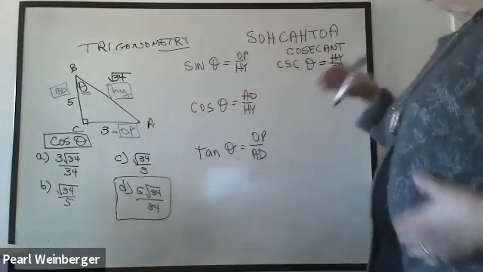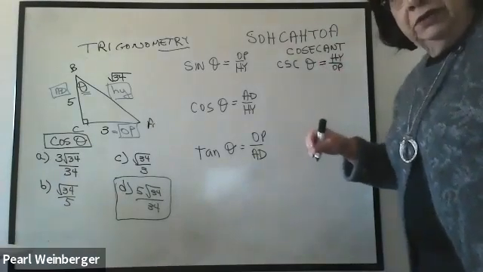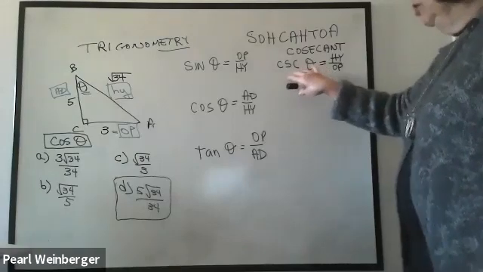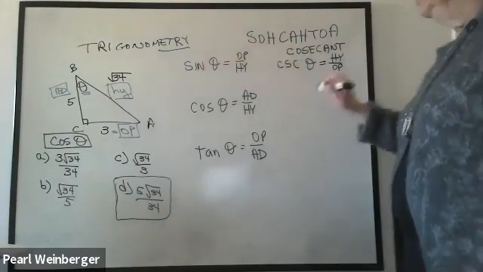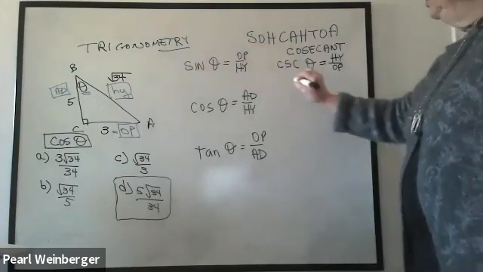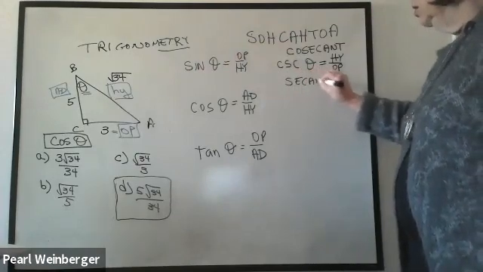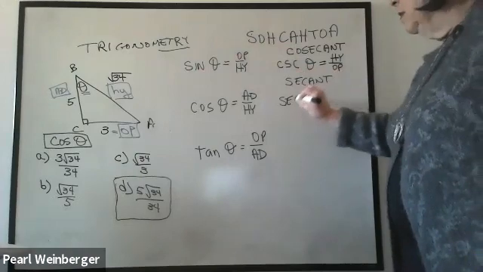Each one of these next three are just reciprocals of ones that we've already talked about. So the cosecant is the reciprocal of the sine. The next one is something called the secant, which is abbreviated SEC.